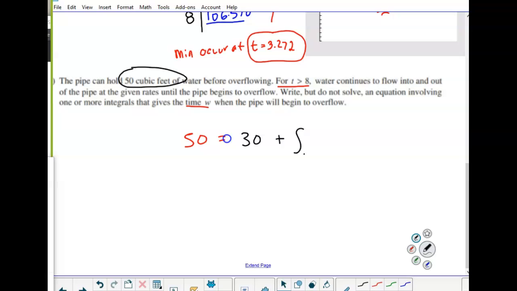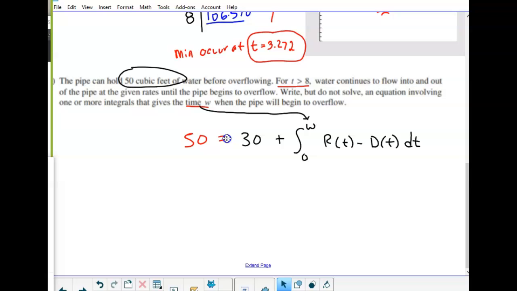And then if I go from 0 to a new time W of the rate in minus the rate out, this total accumulation plus the 30 cannot be equal to 50. Or as soon as it's equal to 50, then we start to overflow. So that's all you need for part D here. Kind of a quick setup, and then we're done.